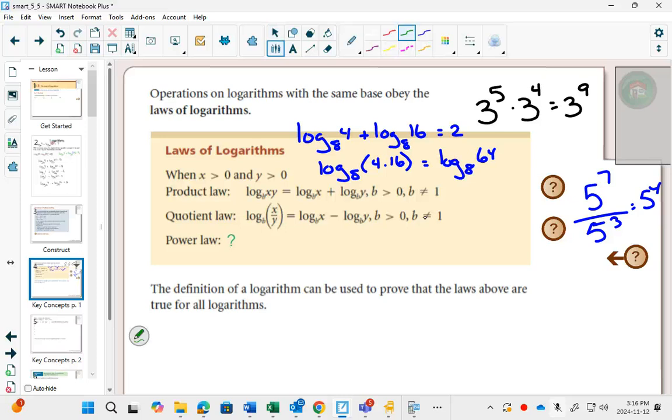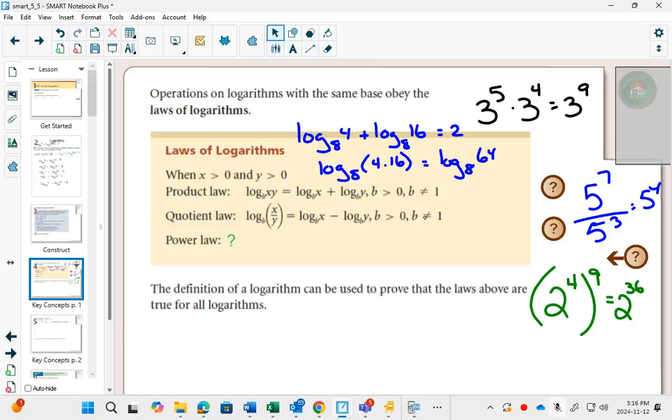And the final exponent law: 2 to the 4 to the 9 would be 2 to the 36. If you have a power to a power, you multiply the exponents. If you have an exponent inside a logarithm, you can say, I don't want that exponent in there, I'll just multiply in front.